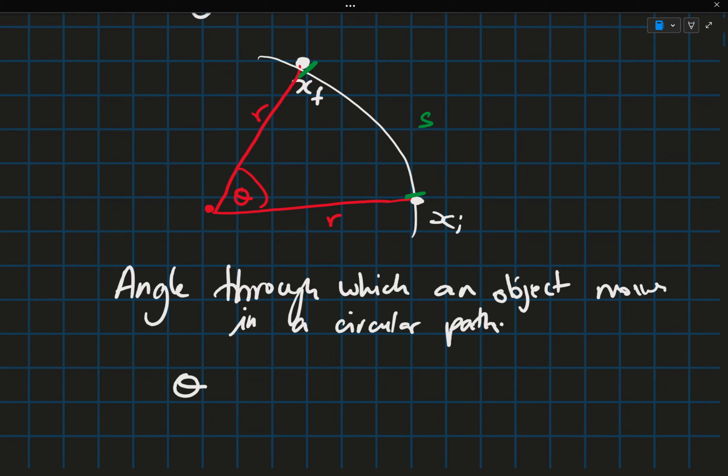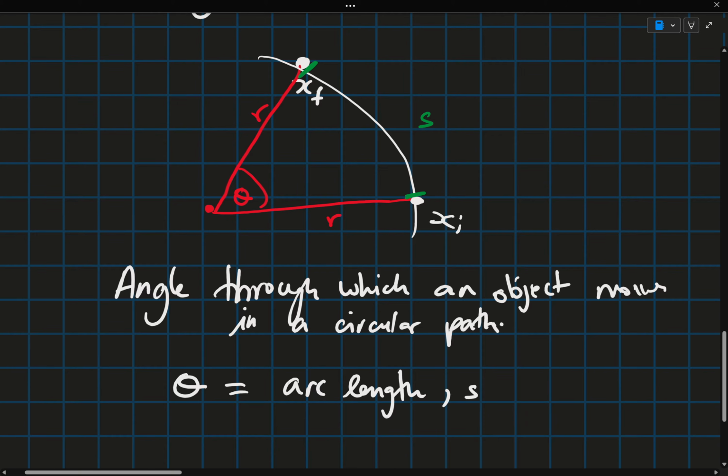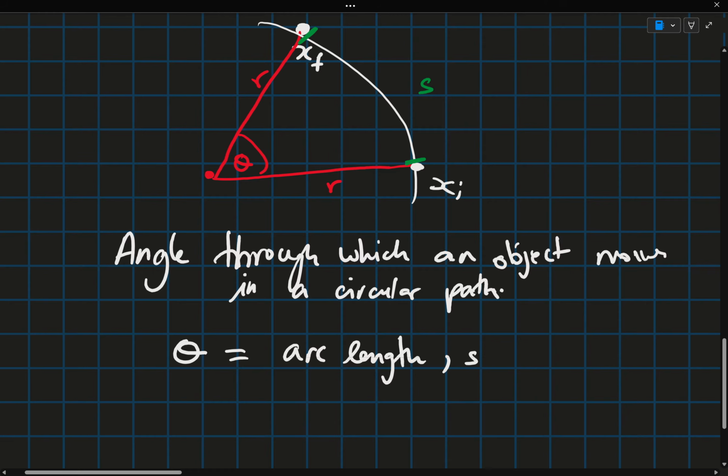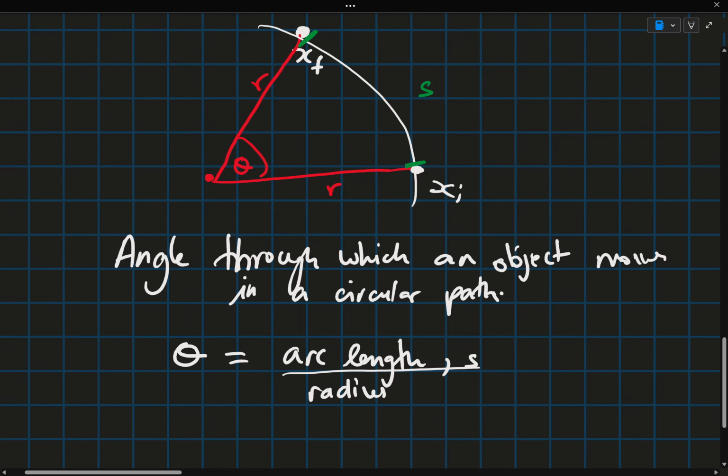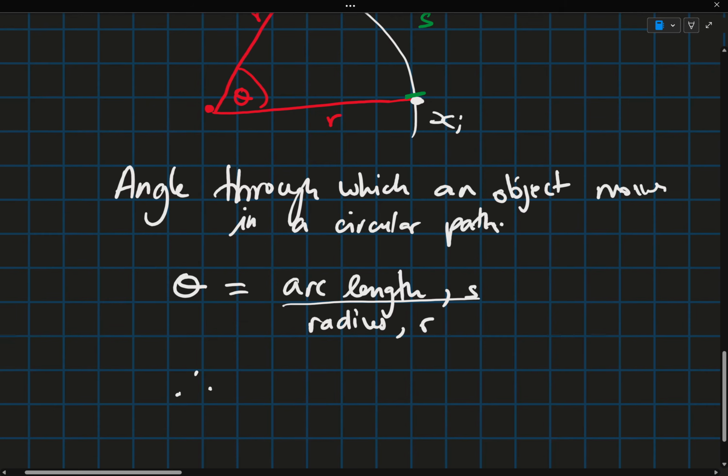So theta is going to be in relation to the arc length, which would be denoted by S, divided by the radius R. Therefore, theta is equal to S over R, where theta is the angular displacement, S is the arc length, or distance traveled along the circle, and R is the radius of that circle.